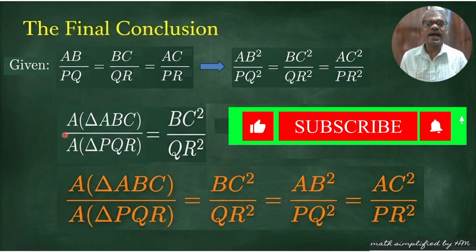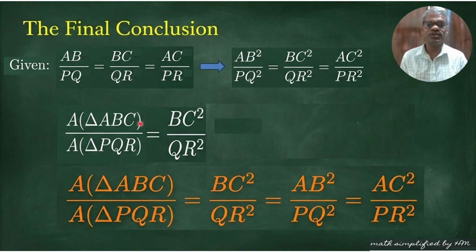And we have found that area of triangle ABC upon area of triangle PQR is equal to BC square upon QR square. Therefore, area of triangle ABC upon area of triangle PQR is equal to BC square upon QR square is equal to AB square upon PQ square is equal to AC square upon PR square. Proved the theorem here clearly.